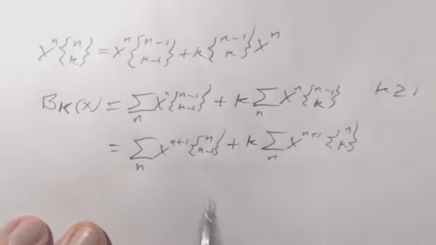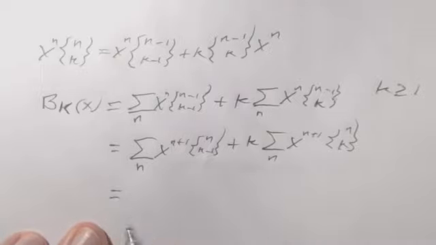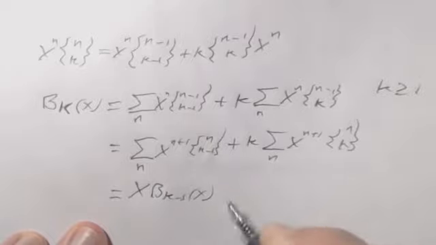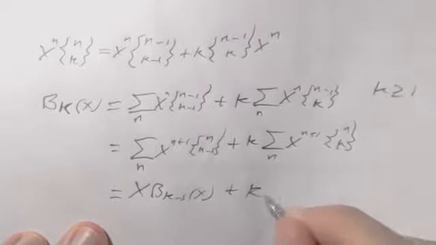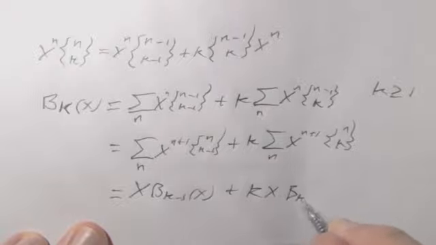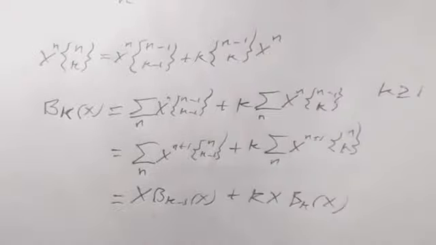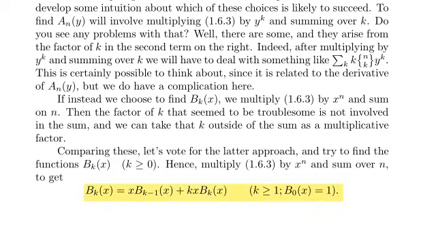Let's continue anyway. So this is just going to be equal to x b_{k-1}(x) plus k x b_k(x). Is that what they have? Yeah. And they've written k greater than or equal to 1 here, and that b_0(x) is equal to 1.